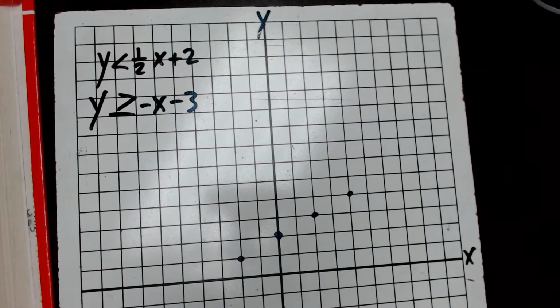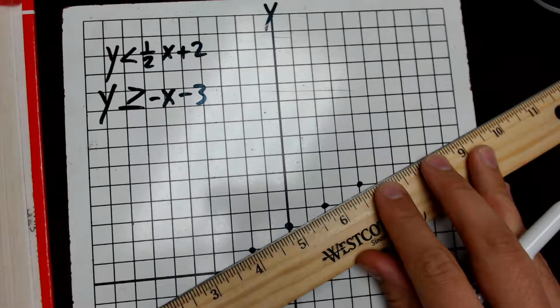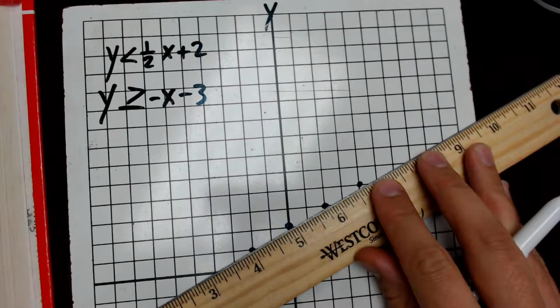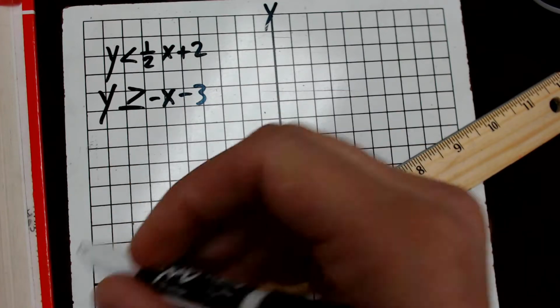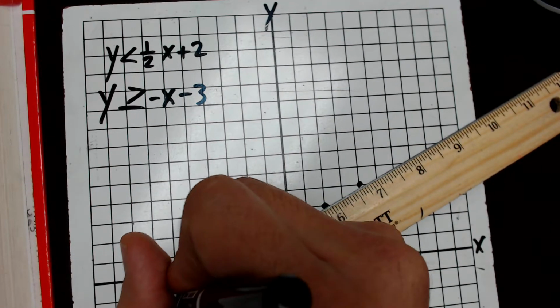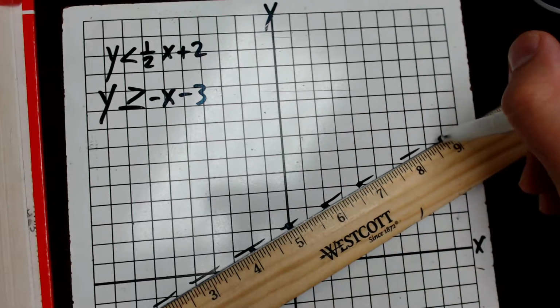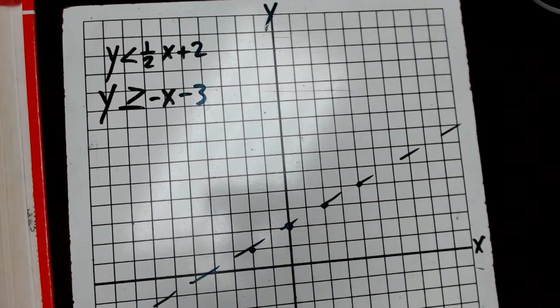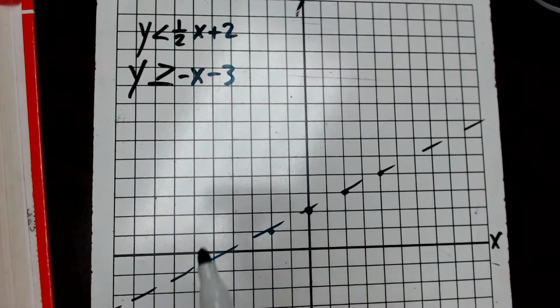Now, if you're not a fan of erasing all over your paper to try to get a dashed line, you can take a straight edge and you can just draw a dashed line, because I see that this is not equal to, so I know the line is going to be dashed. So I'll just do that. Ta-da, dashed line. Now, we also have to graph negative x minus 3.